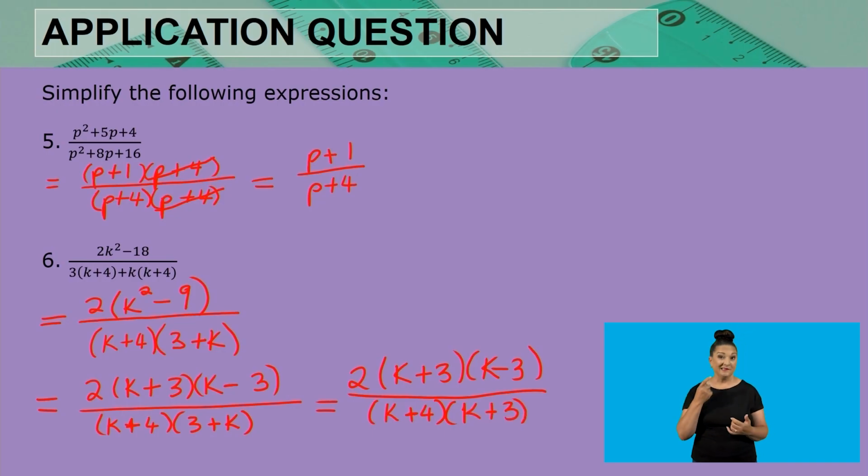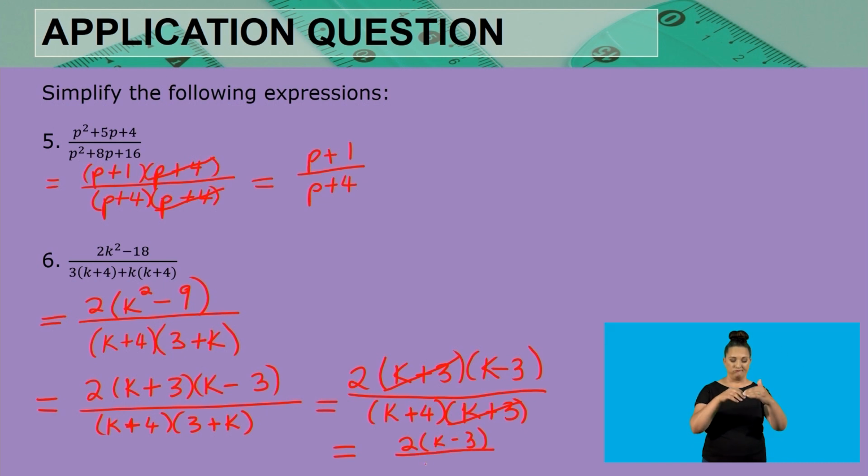Perhaps in that way it becomes easier for you to see those brackets that are the same. But the (k plus 3) will divide with the (k plus 3), then we are left with 2(k minus 3) as the numerator, and as the denominator, we are left with the (k plus 4).